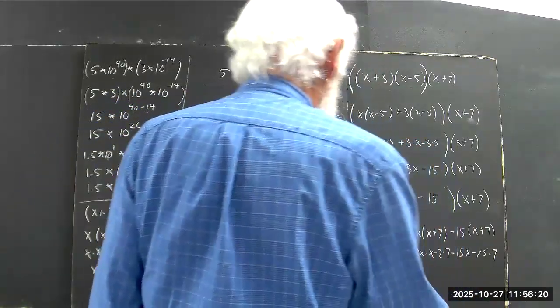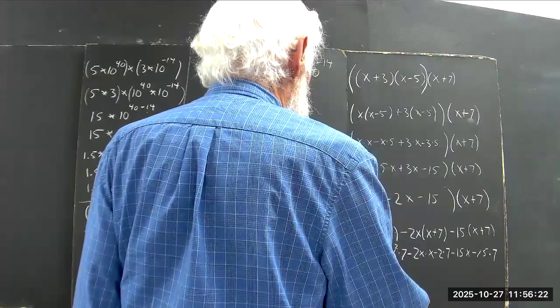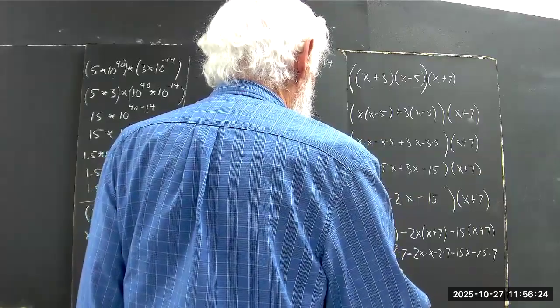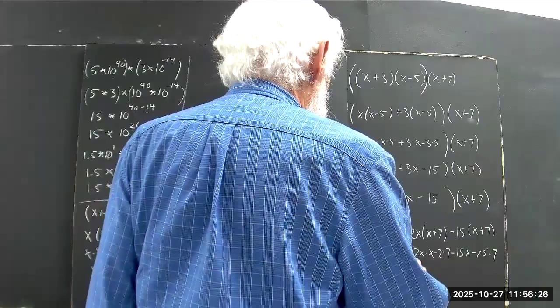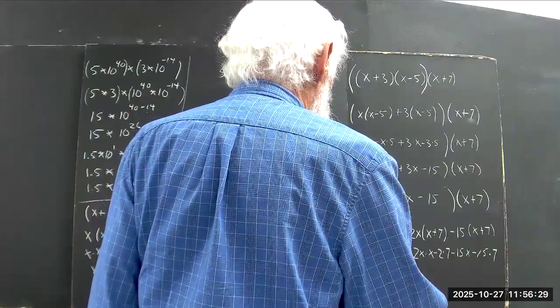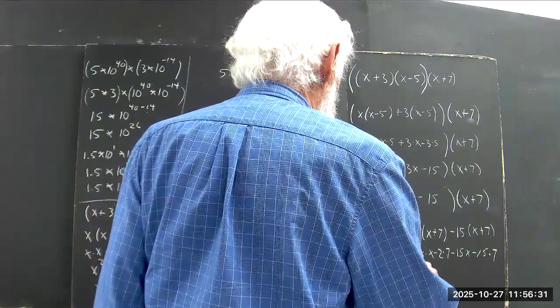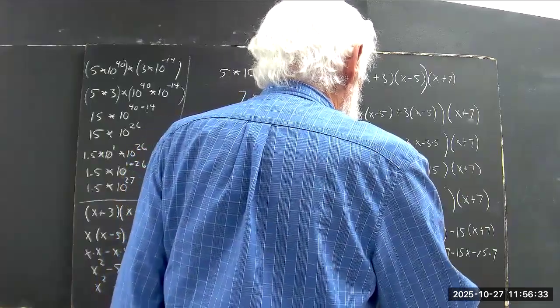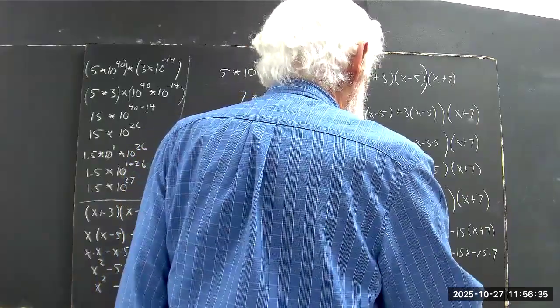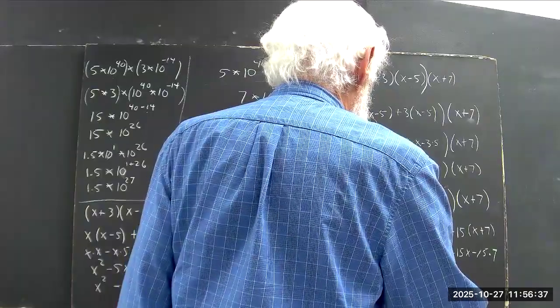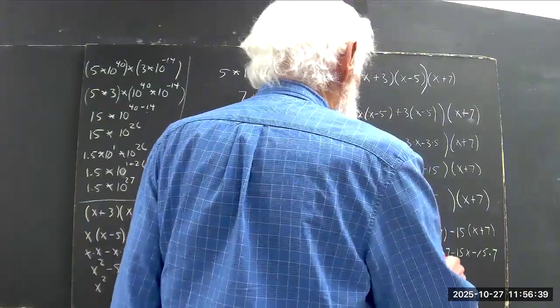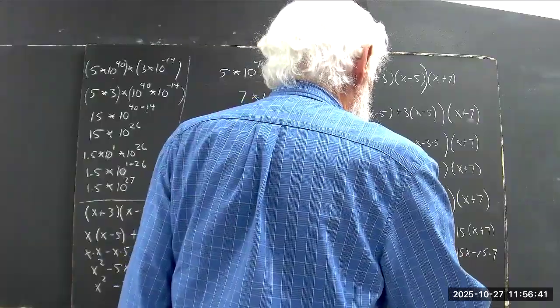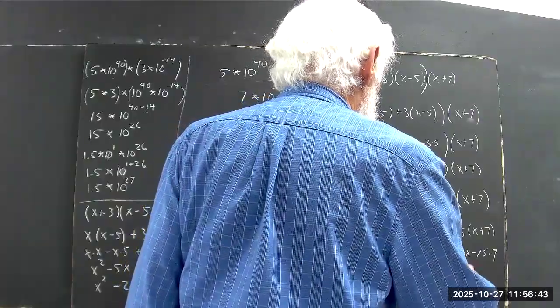And then that comes out: x squared times x is x cubed. And x squared times 7 we'll write as 7x squared. And minus 2x times x is minus 2x squared. And minus 2 times 7 is minus 14.